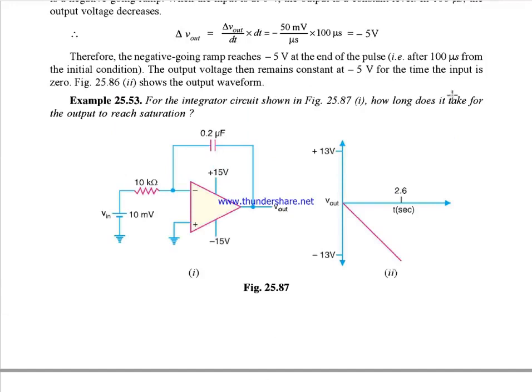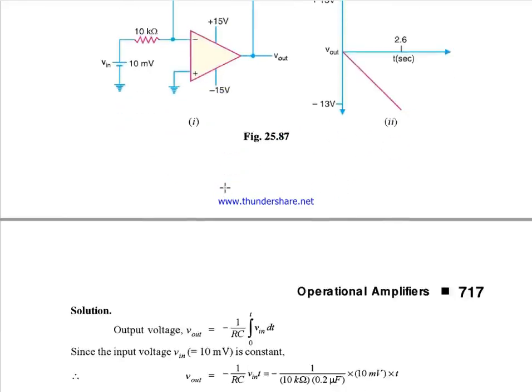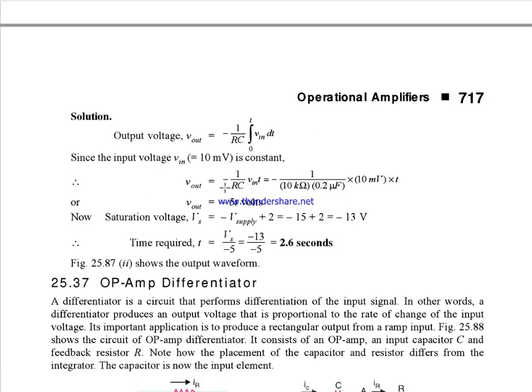The question is, how long does it take for the output to reach saturation? Saturation voltage means plus or minus 13 volt, since the supply voltage is 15, saturation is 13. So the question is, how long will it take for the output voltage to become 13 volt?